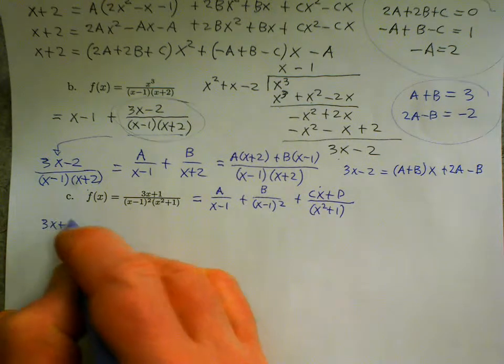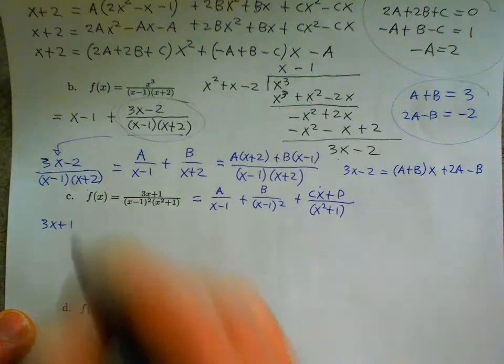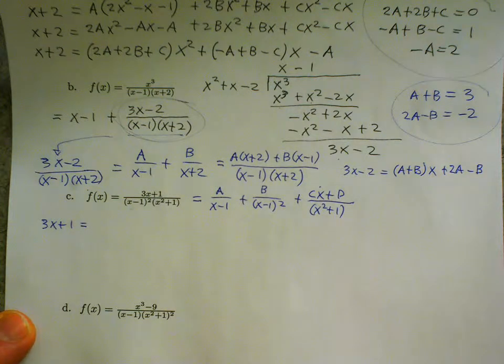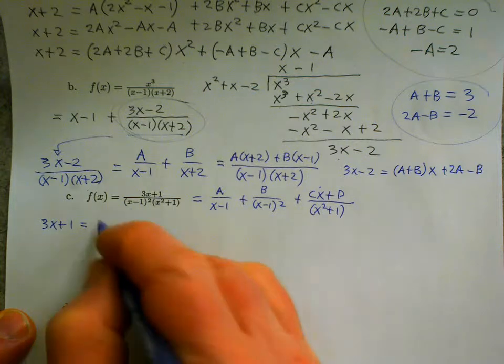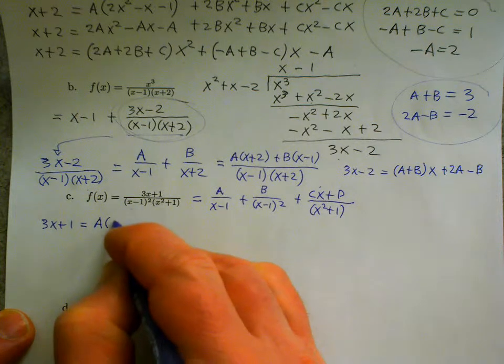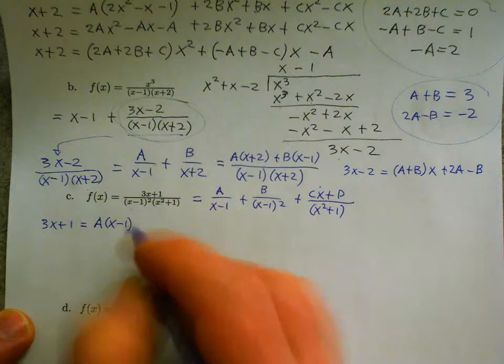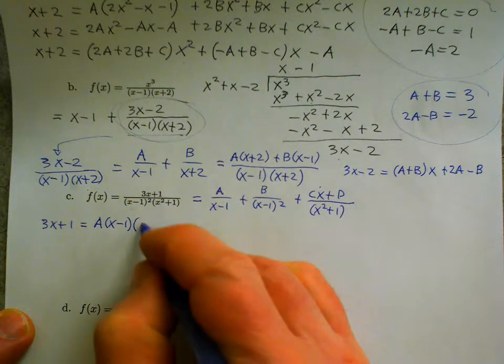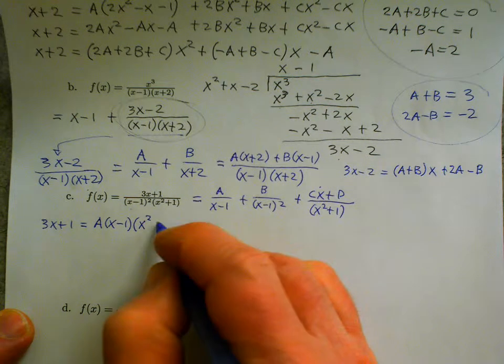We'll be left with 3x plus 1 on the left-hand side. On the right-hand side, we'll have a times 1 factor of x minus 1 and times the irreducible quadratic factor.